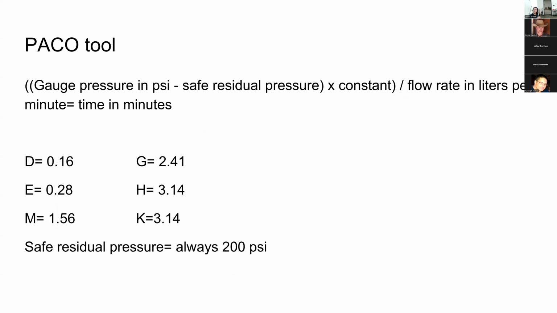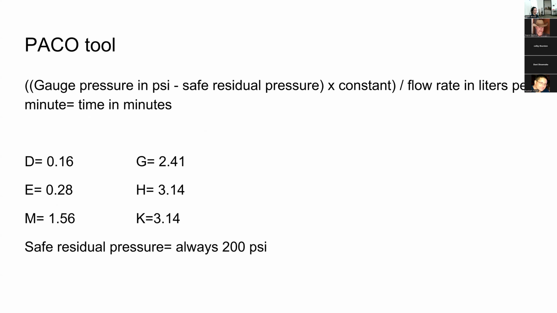All right. This is what I was always trained as. In my ICU, we call it a PACO tool. It's how you're able to calculate how many minutes of oxygen you have based on how many liters per minute the patient is taking it and what size tank that you have.